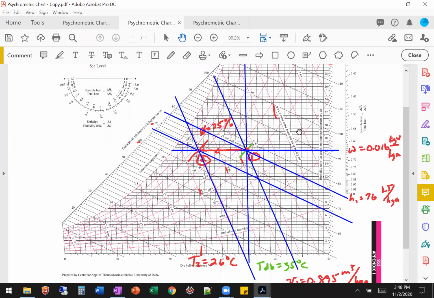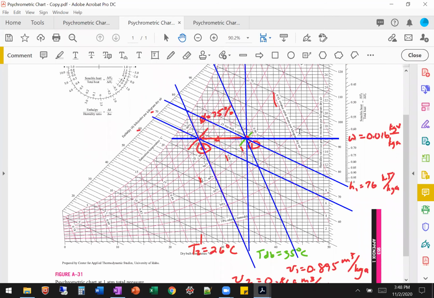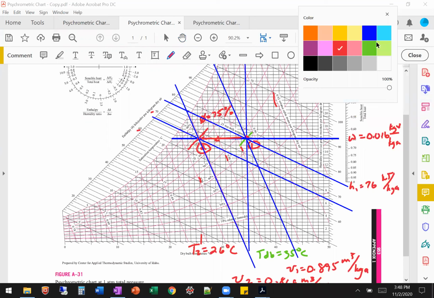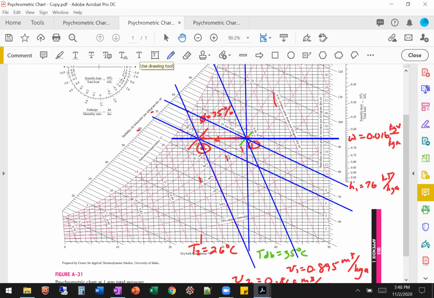Okay, the other thing I wanted to say is the example we did in the cooling in the lecture notes. Let's change the color here for this part. If it hits this 100% relative humidity line, you can't go past it. So that's when water starts dropping out.